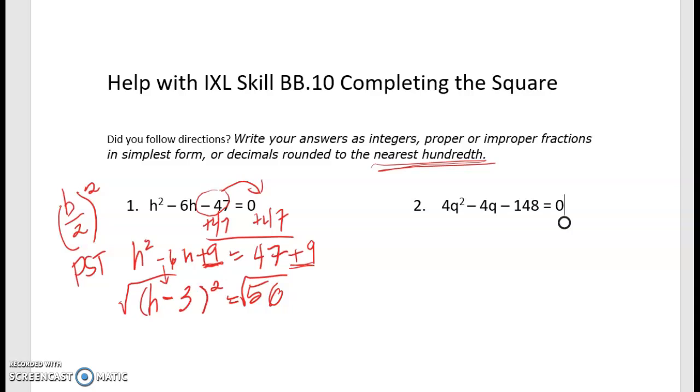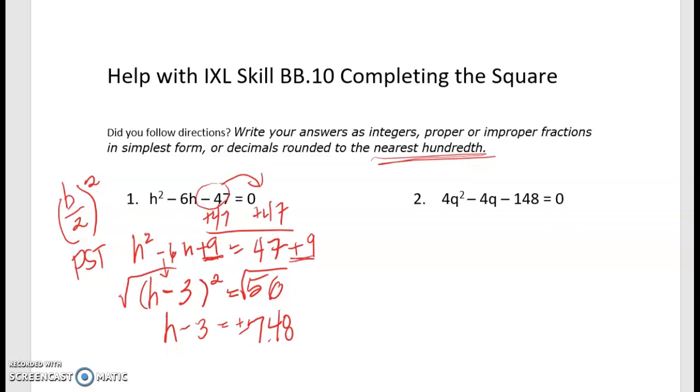The square root of the left-hand side is h minus 3, and using my calculator, the square root of 56 is about 7.48. You can go ahead and round that right then. So that's plus or minus 7.48.